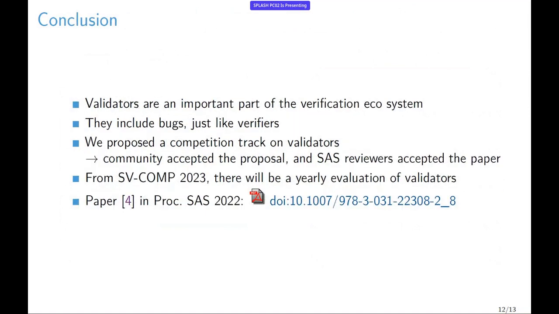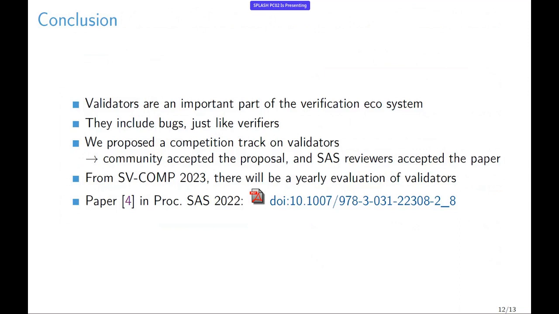So to conclude, validators are an important part of the verification ecosystem. The verifiers include bugs, but the validators also contain bugs, and therefore we need to validate them. And we propose a competition track for validators, and the competition community has accepted the proposal.